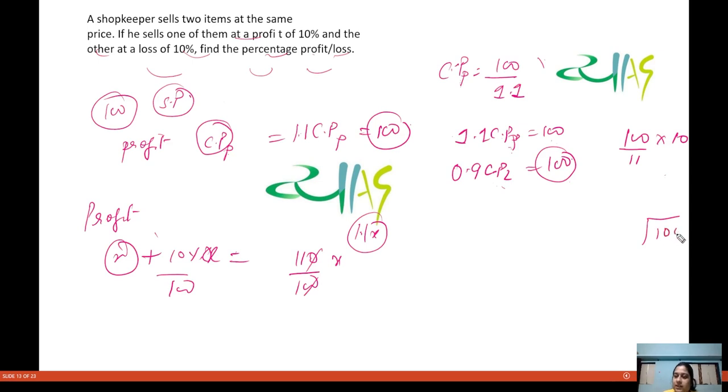Now when you divide 100 by 11, 9 times is 99, then again you will get 10, you put a point and you get again 99, and this will repeat. So you will have 90.99. Your cost price was this.